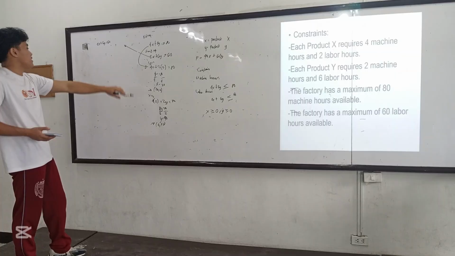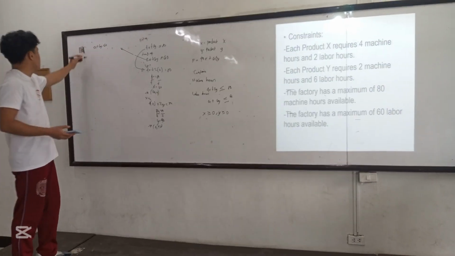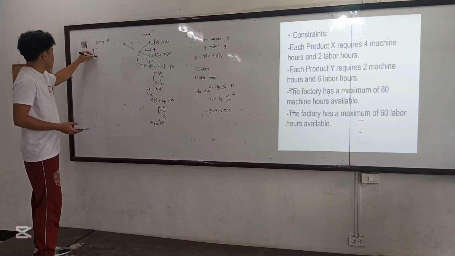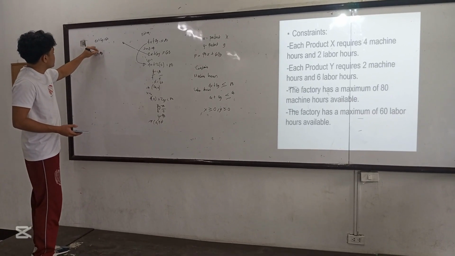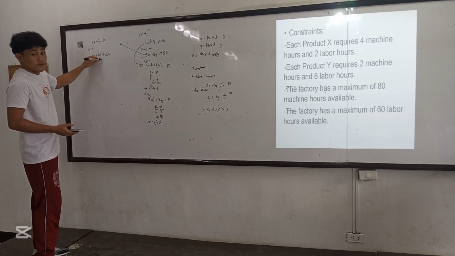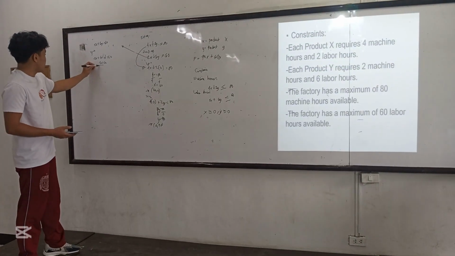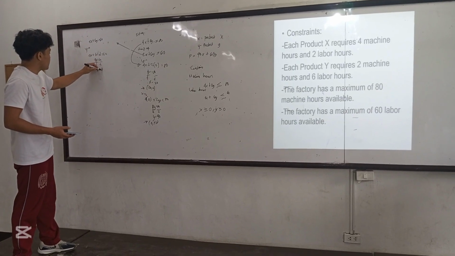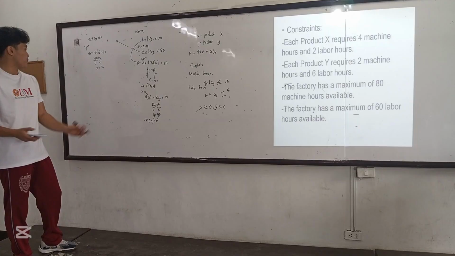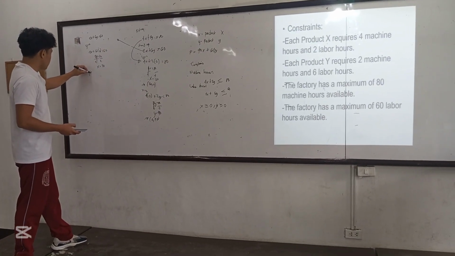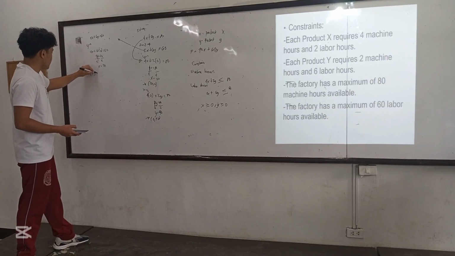Same procedure: we set y to 0, so 2x plus 6 times 0 equals 60. So 2x equals 60. Divide both sides by 2, x is equal to 30. So our first point in the second equation is 30 and 0.